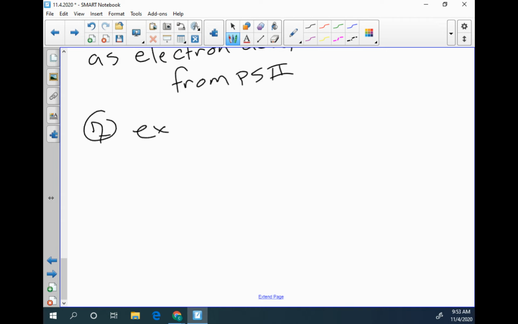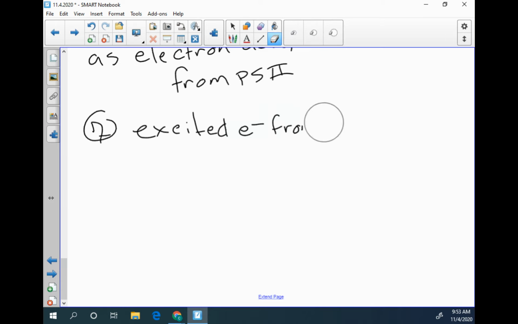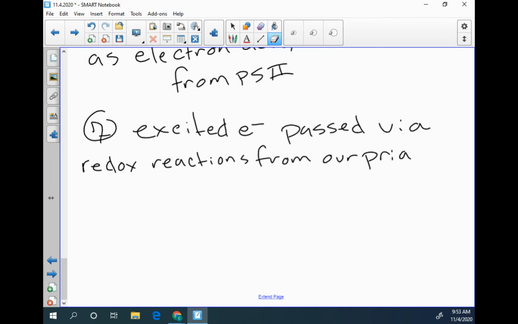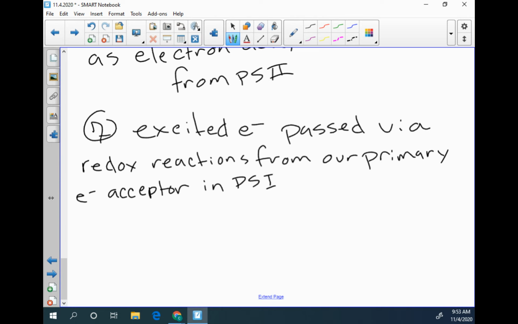So, excited electrons are passed via redox reactions from our primary electron acceptor in PS1 down a second electron transport chain.